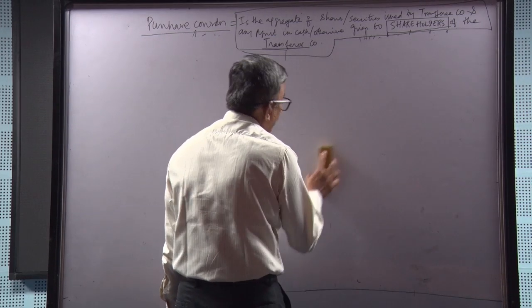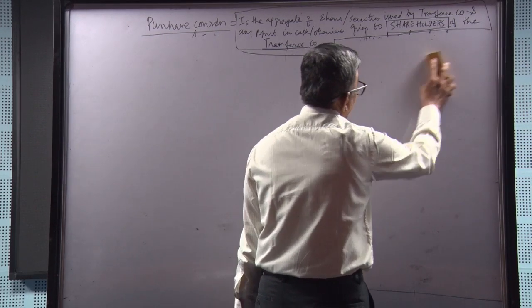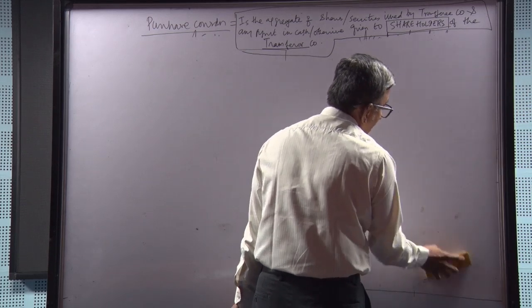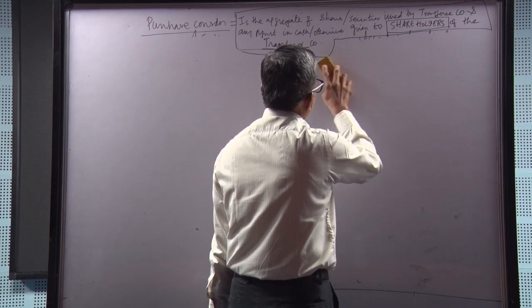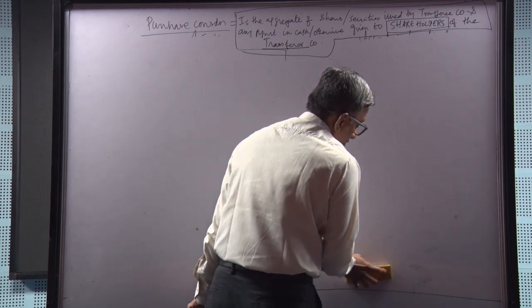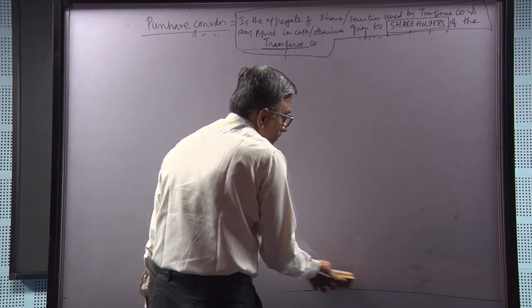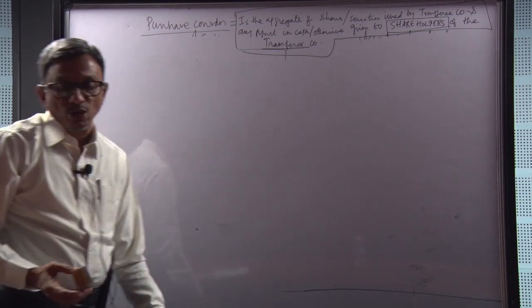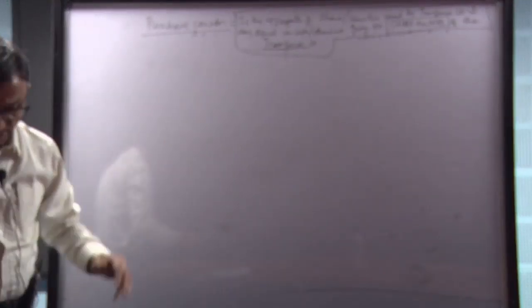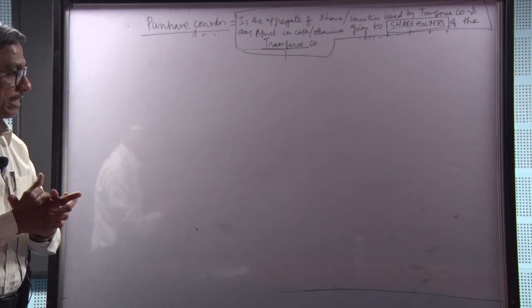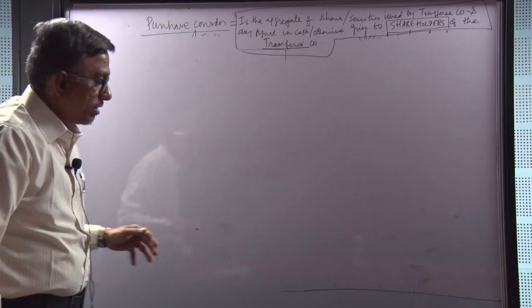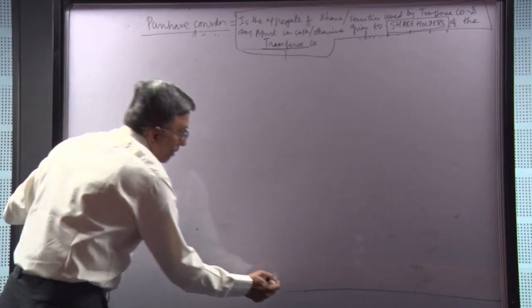Therefore, if you are clear with the definition of purchase consideration, you can easily understand that the third point will not constitute purchase consideration, because that is relating to what? Liquidation expense of the vendor company, the purchasing company agrees to reimburse, that's all. It has nothing to do with purchase consideration. It is not given to the shareholders of the vendor company.